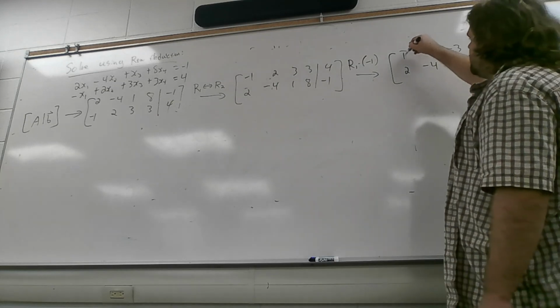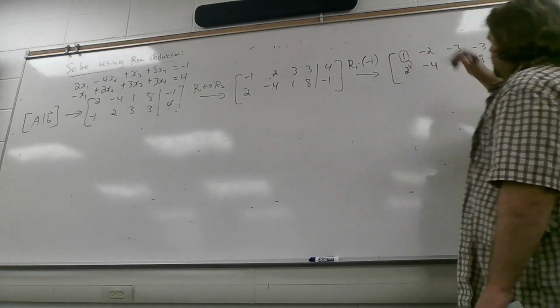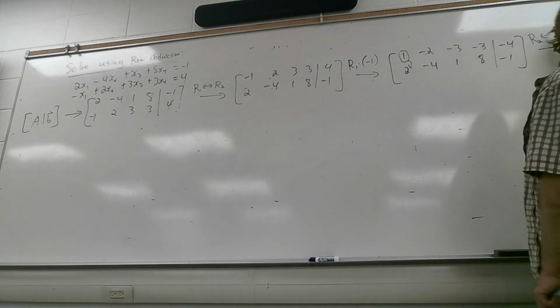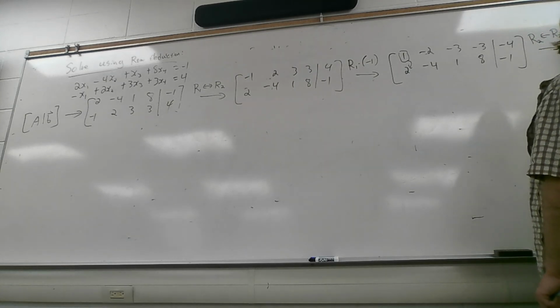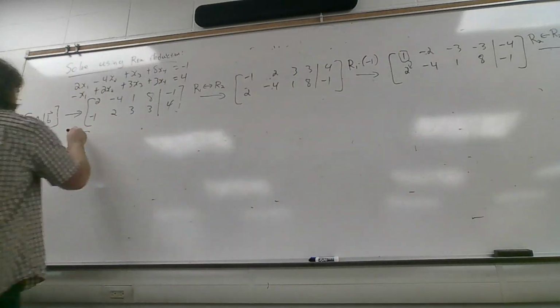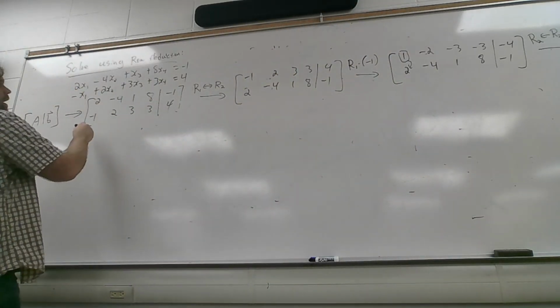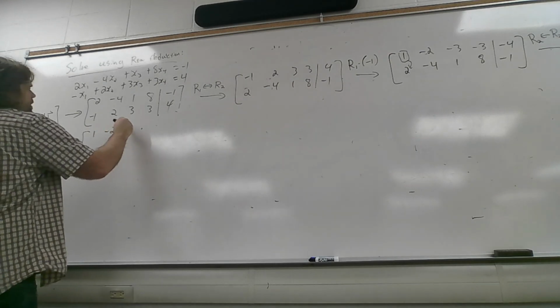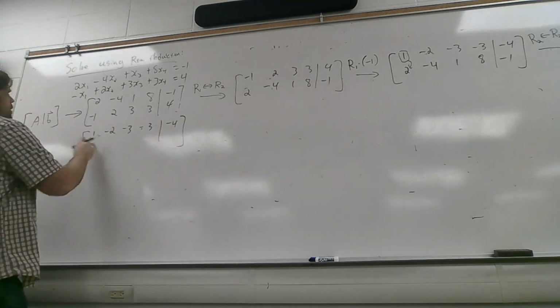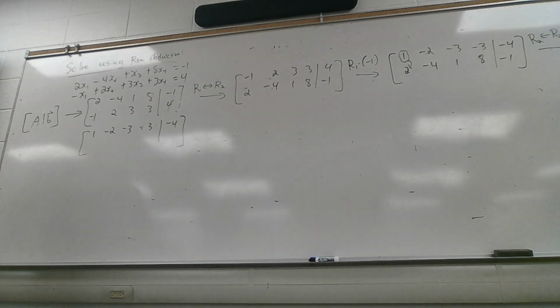So our goal, we got this nice happy 1. Use it to get rid of that 2. So row 2 minus 2 times row 1. So we've got 1, minus 2, minus 3, minus 3, minus 4. We didn't touch that one. But now we got to do some math. So this is a 0.